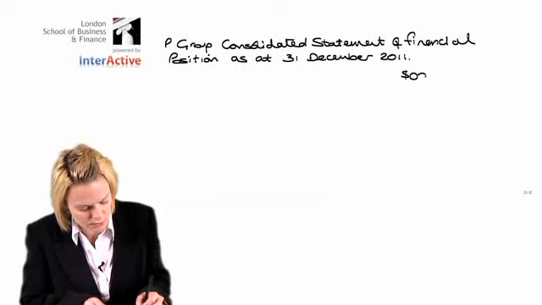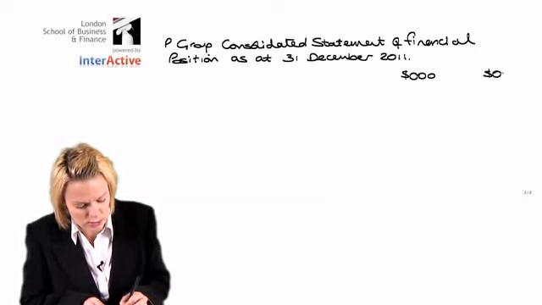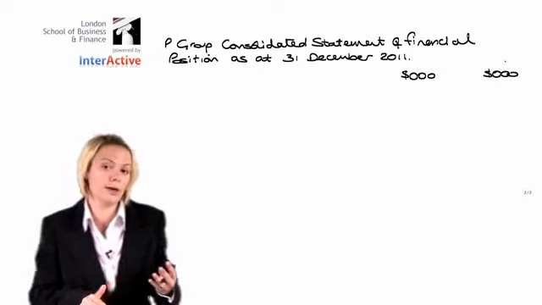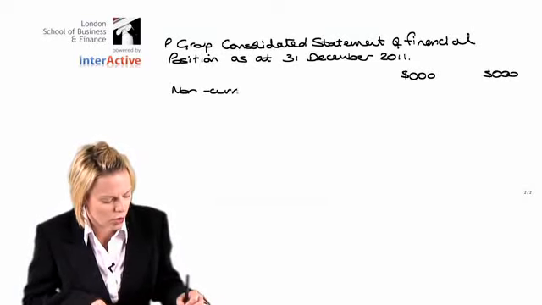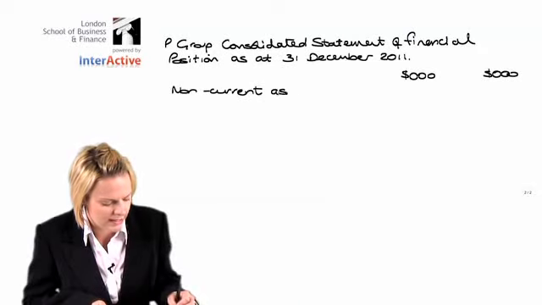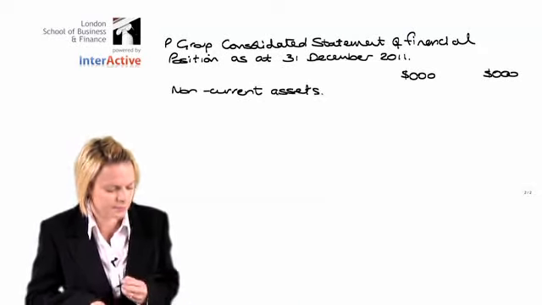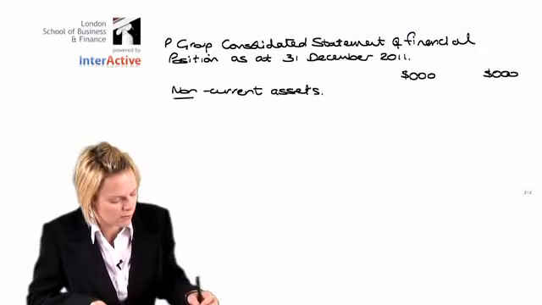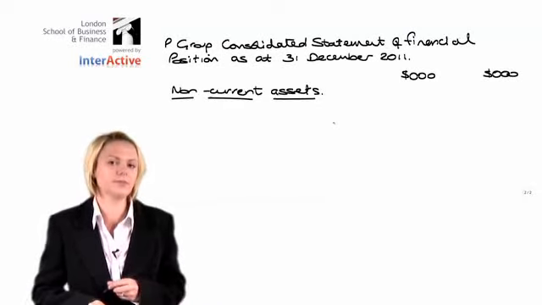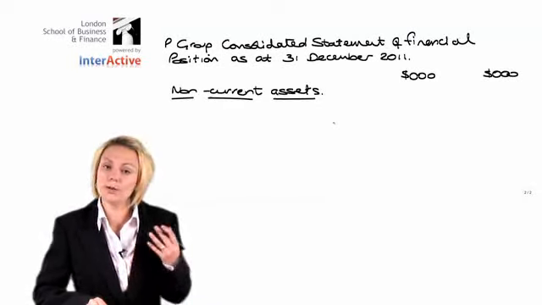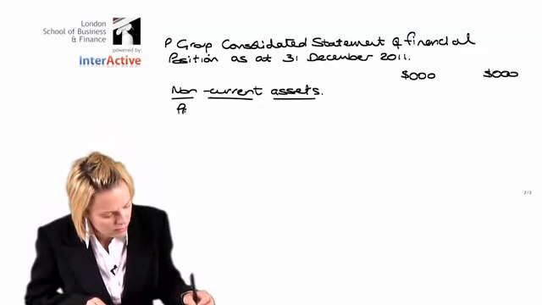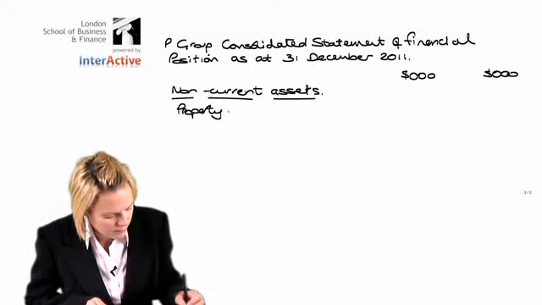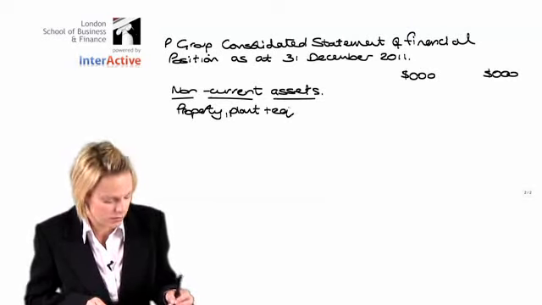So 2 columns. The question is working in thousands, so we shall as well. We'll start off with the heading, non-current assets. Okay, non-current assets, that's our first heading. We start off then with the first line that we've been given in the question, property, plant and equipment.